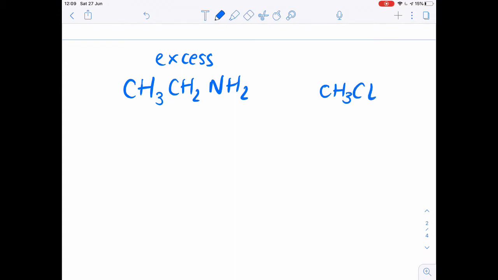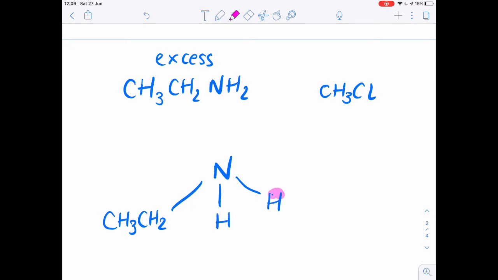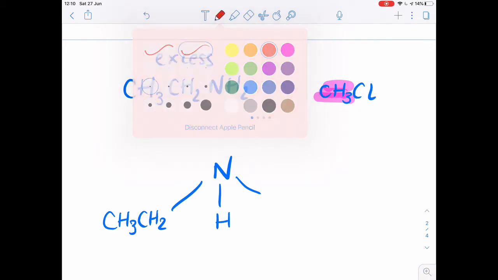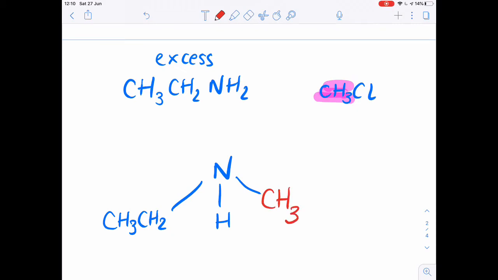Now remember, if we have excess amine, we're going to swap, so that's our amine here, we're going to swap one of these H's for the R group of the halogenoalkane. So I'm just going to do that. I'm going to remove that and take that out, and I'm going to change colour, I'm going to put on the chain from the halogenoalkane. And if we have excess amine, that is where the reaction would stop.